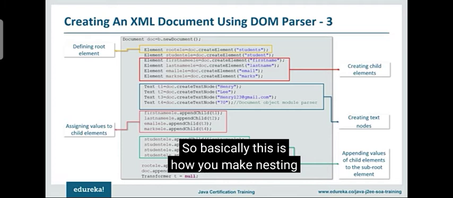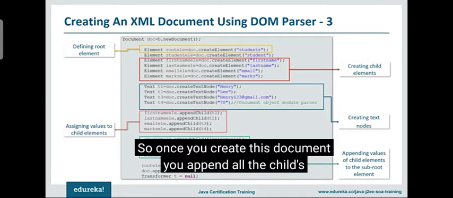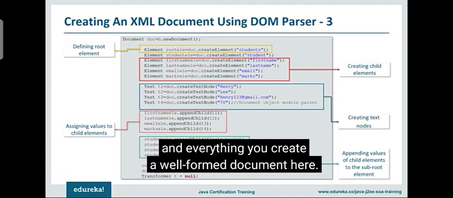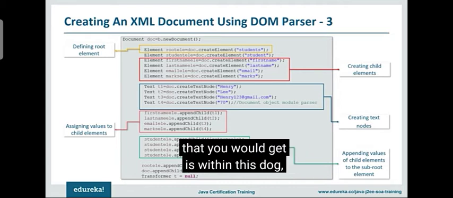So basically, this is how you make nesting within the XMLs. All right, so once you create this document, you append all the childs and everything. You create a well-formed document here, or you create an XML here, and all the XML that you would get is within this doc.